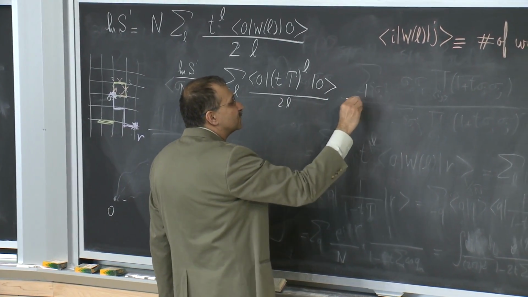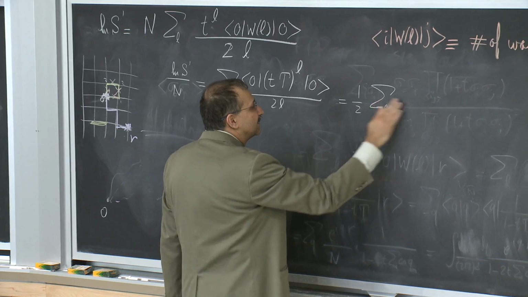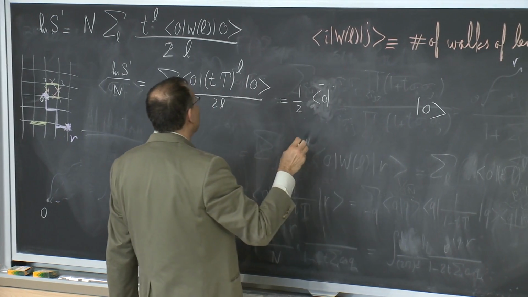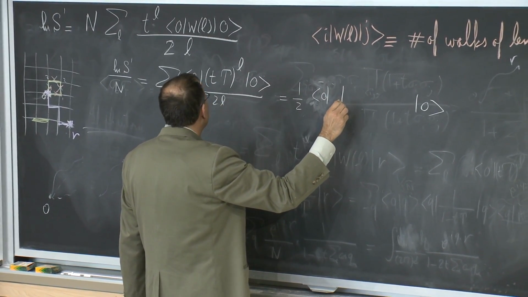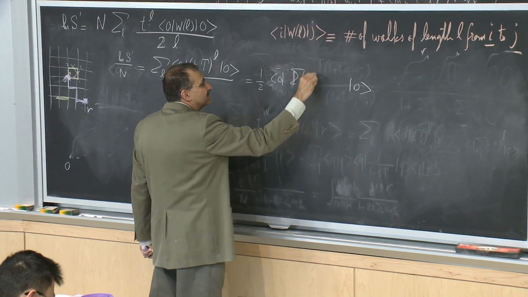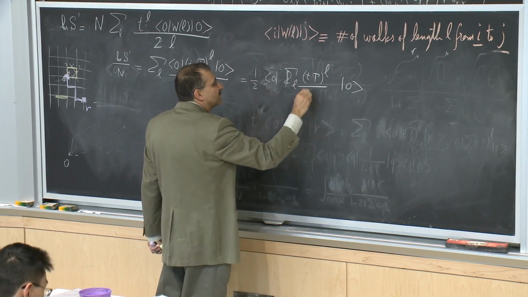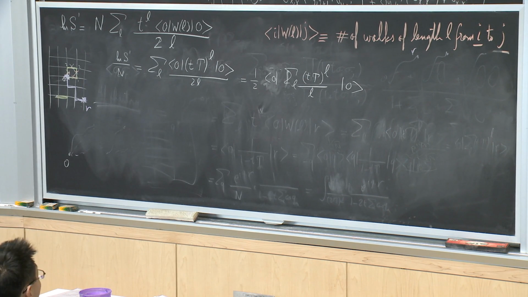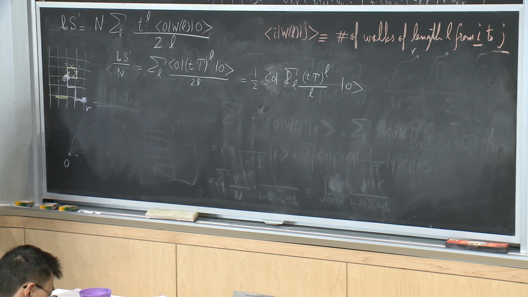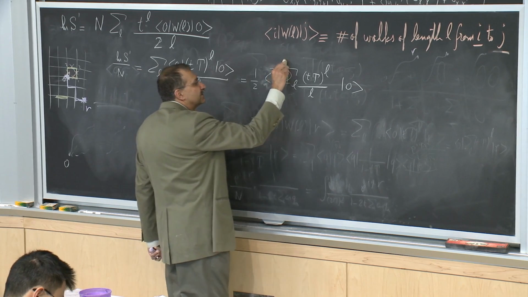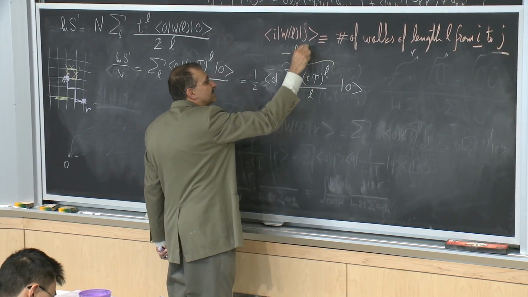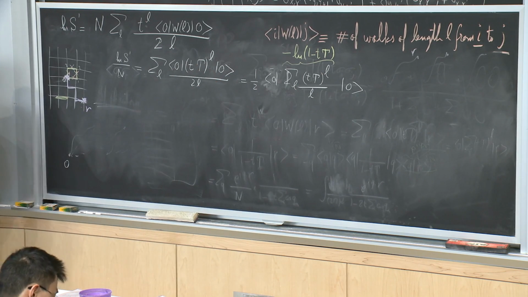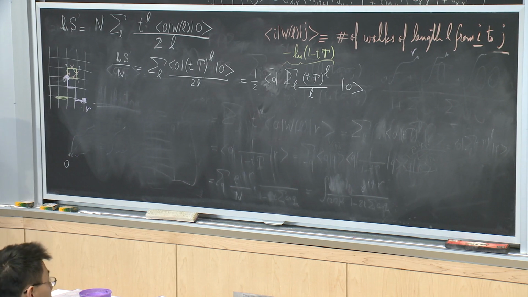And I can write this as 1/2 a sum over L. Well, let's do it this way. The 0,0th element of the sum over L, t to the L over L. Okay? And what is this? This is, in fact, the series expansion of minus log of 1 minus t times the connectivity matrix. Okay?